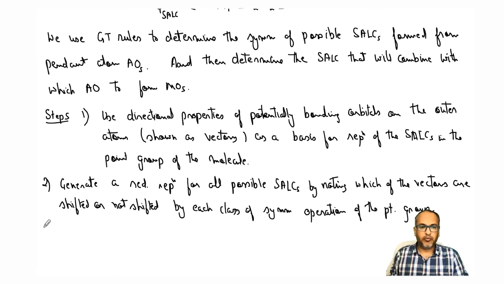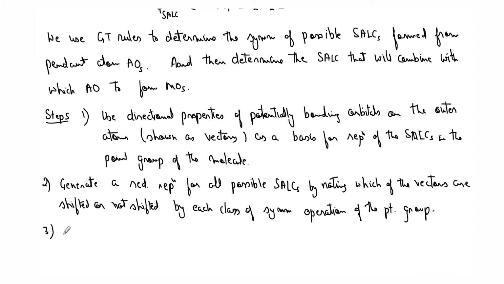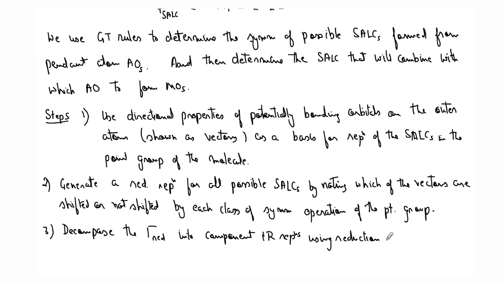Okay, so once you have generated the reducible representation, what will be the next step? Next, we will have to decompose the reducible representation into its component irreducible representations. Now this can be done using the reduction formula or by inspection.